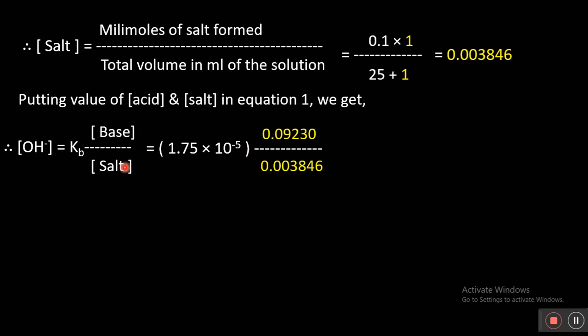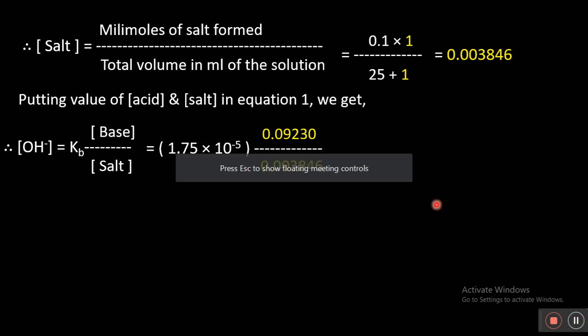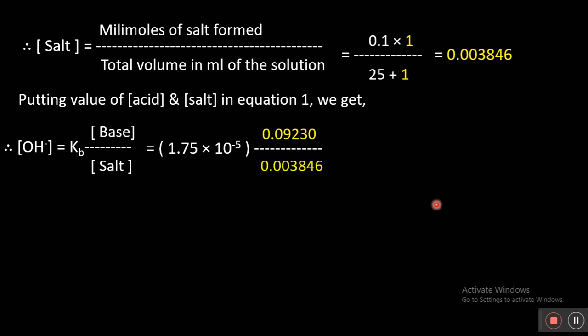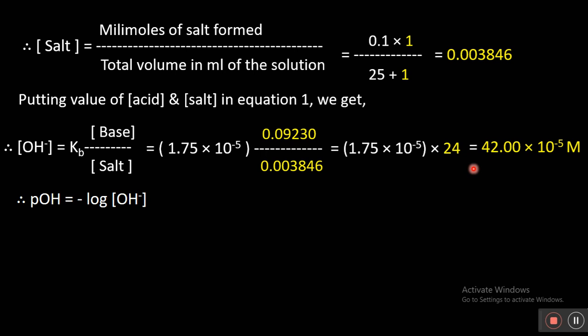Put the values of base and salt here and simplify. The division of these two terms is 24, and 24 into this equals 42.00 into 10 raised to minus 5 molar. This is the concentration of OH minus ion.